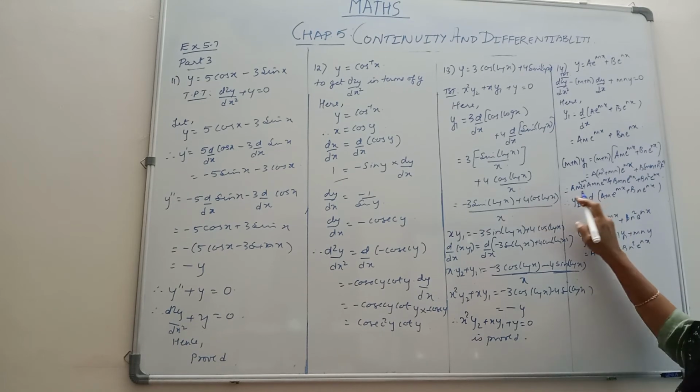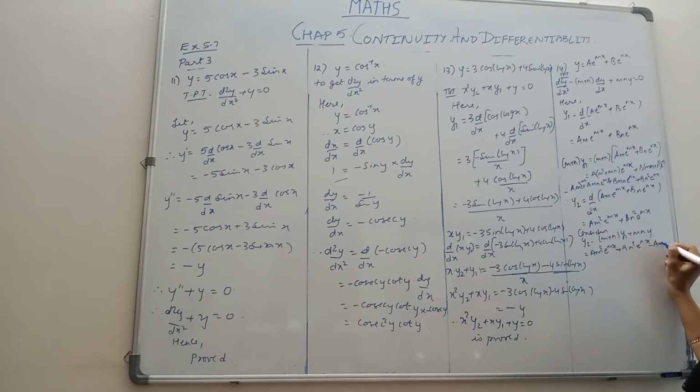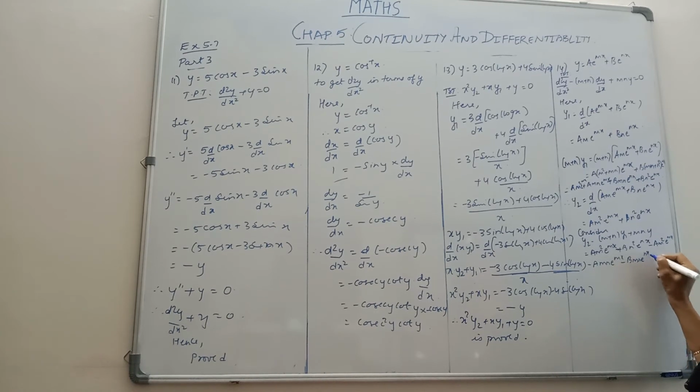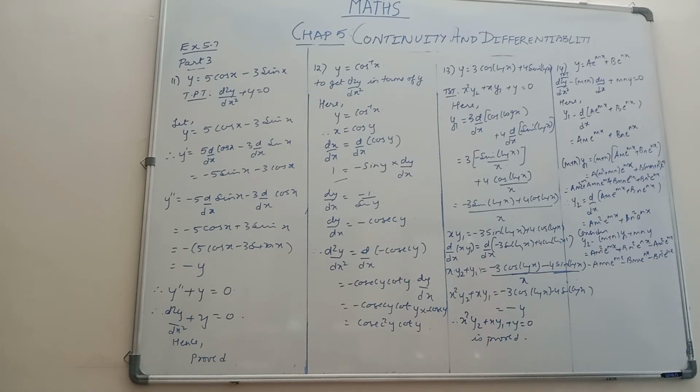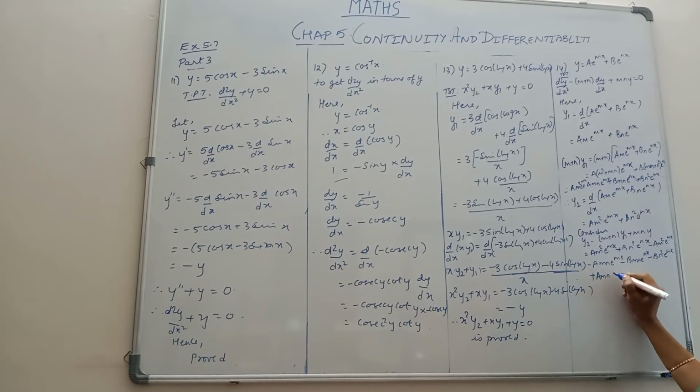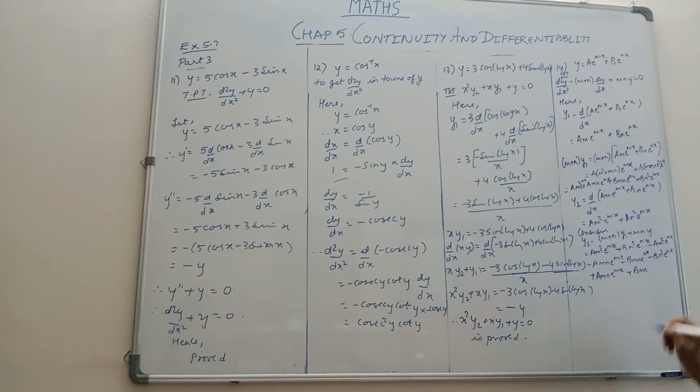Then we are taking minus of all terms: minus a m squared e raised to mx, minus a mn e raised to mx, minus b mn e raised to nx, minus b n squared e raised to nx, and mn y means it is a mn e raised to mx and b mn e raised to nx.